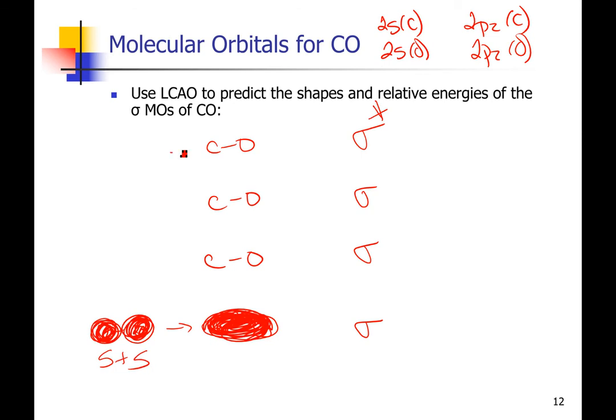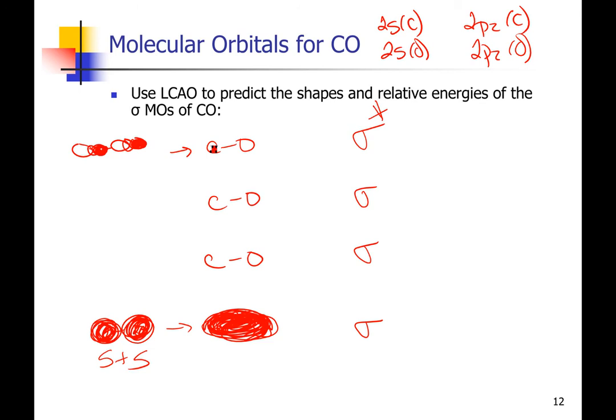If I want to generate the molecular orbital with the most possible nodes from that combination of atomic orbitals, what I would do is take a 2p orbital on the carbon and a 2p orbital on the oxygen, and combine them out of phase, and that is as many nodes as I can possibly put in a molecular orbital generated from this set of atomic orbitals.